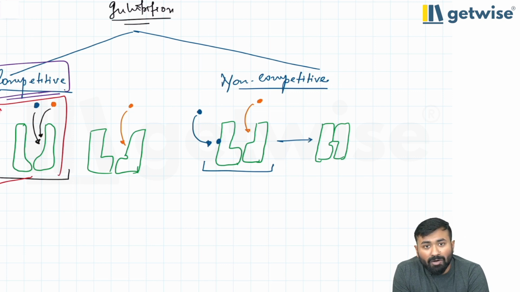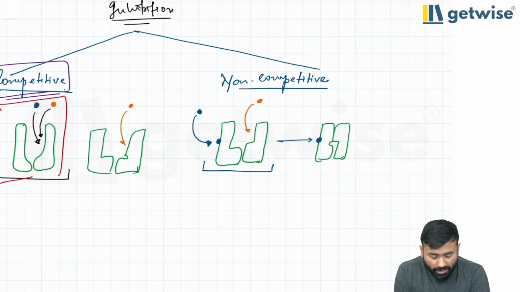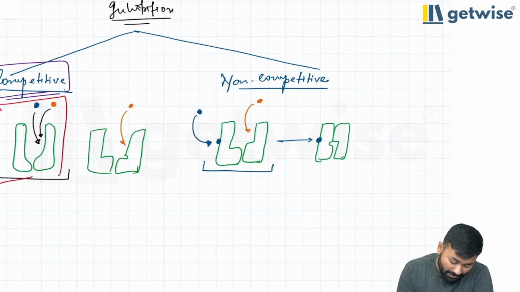These sites are apart from the receptor site, so they are called allosteric sites. Due to this binding on the allosteric site, there are conformational changes, and due to this conformational change, the main receptor site gets blocked like this. You can see this receptor site is blocked now because of the blue molecule binding.